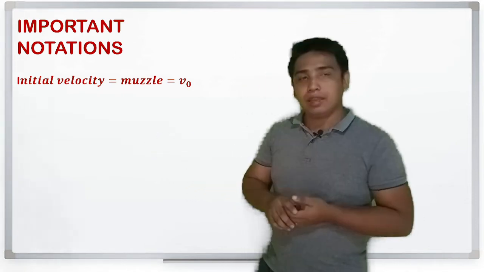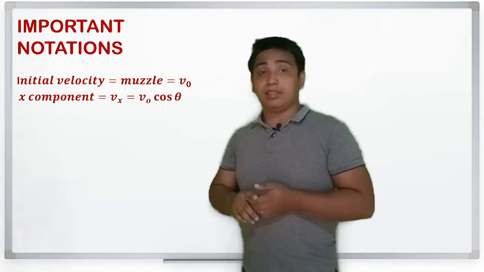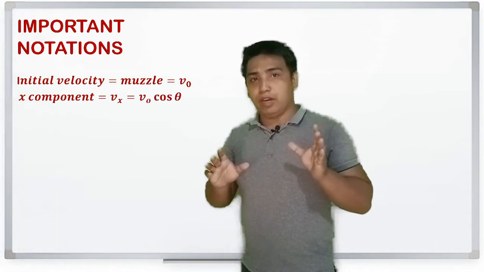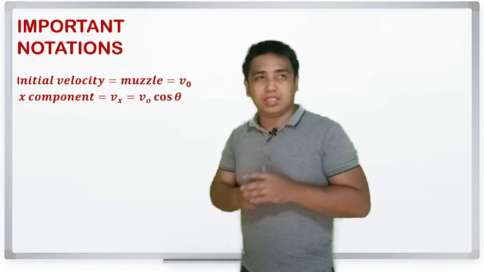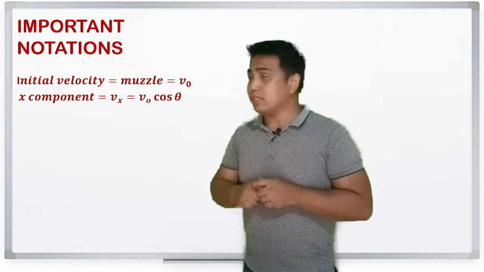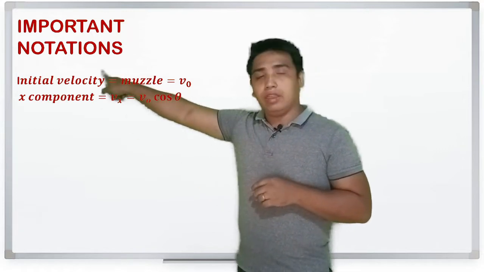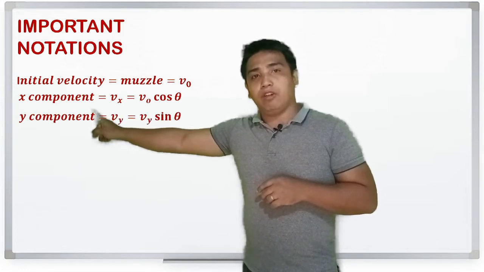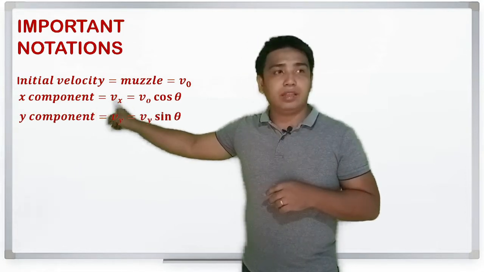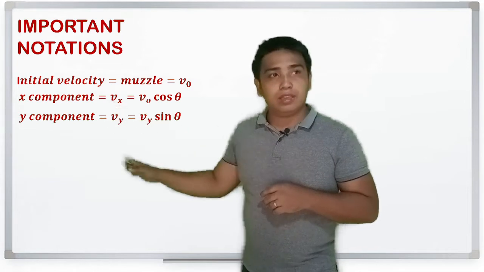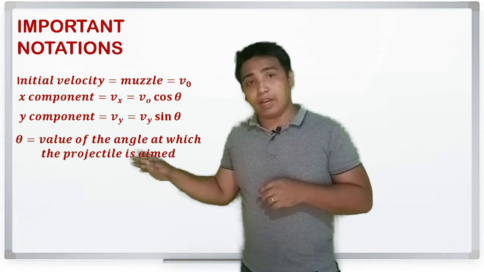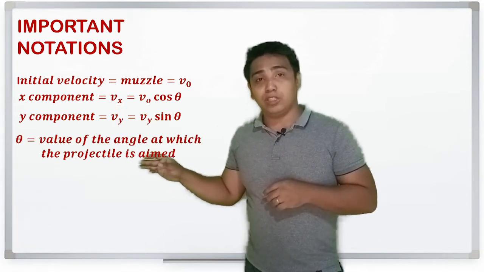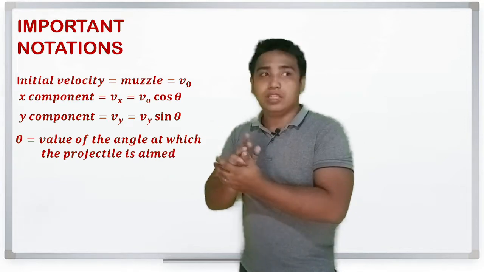The x component is Vx, and the formula for that is Vo cosine theta, and the y component is Vy, and our formula for that is Vo sine theta, and theta is the angle at which the projectile is aimed or launched.